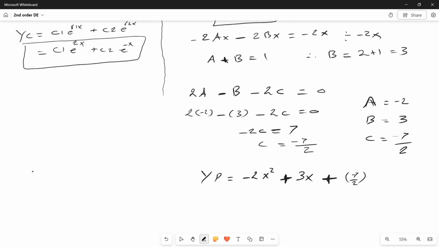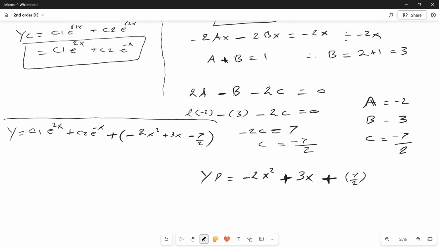So our general solution would be y is equal to yc, which is c1 e^(2x) plus c2 e^(-x), plus the following: negative 2x squared plus 3x minus 7 divided by 2. And that would be our final answer.